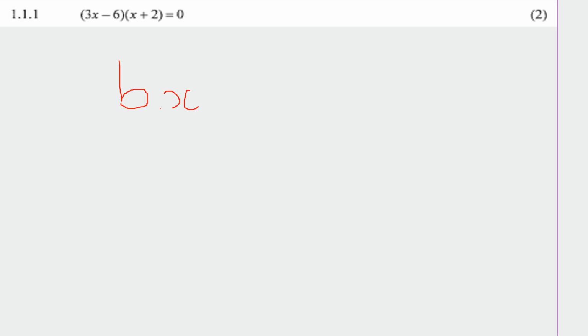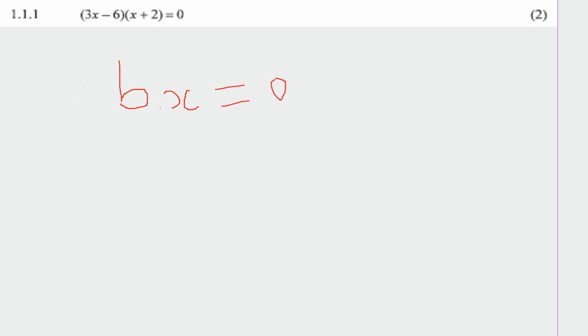What I was trying to say is that if you have a coefficient of something as 0, that means the answer will be 0. For example, if I put 0 here as a coefficient of bx, the answer will be 0. I don't know if it makes sense.